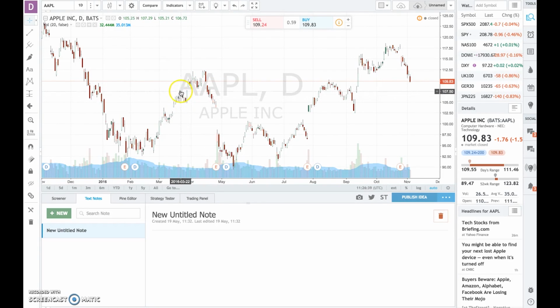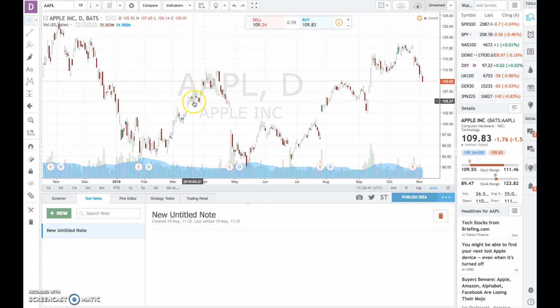But then there are these lines that protrude upwards and below the open and the close, right? So you've got to wonder, well, what is that? Well, the line that goes up and beyond the candlestick is known as the shadow, and it indicates the day's volatility range.